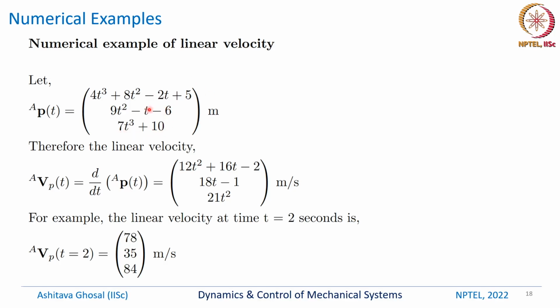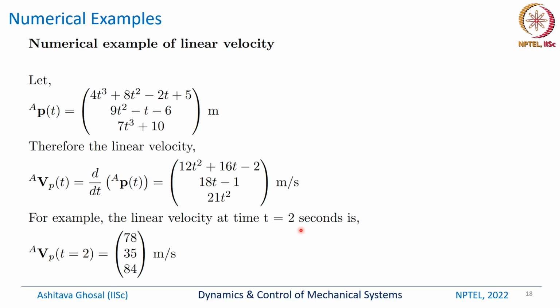So the derivative of this will give you the linear velocity. So d by dt of this vector will give you the linear velocity of the point. And just by very simple calculus, we can show that the linear velocity is given by 12t square plus 16t minus 2, then 18t minus 1, and 21t square.